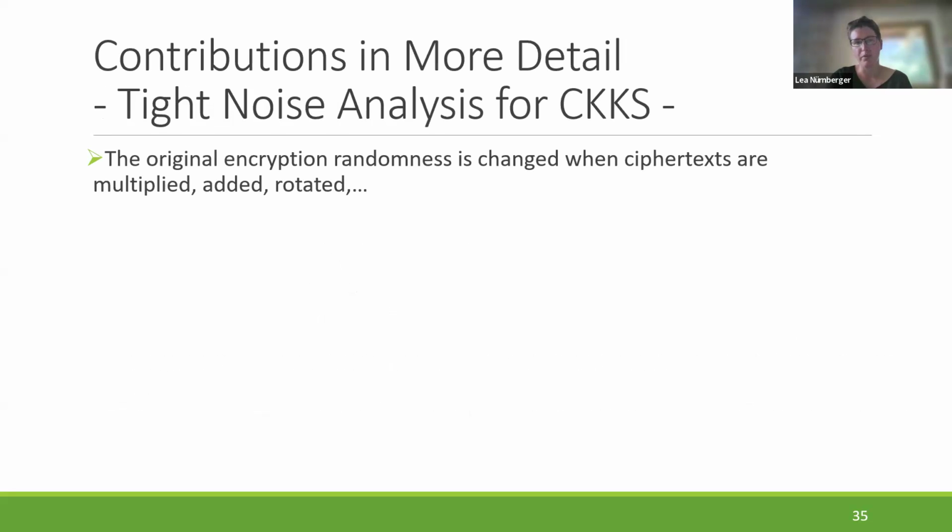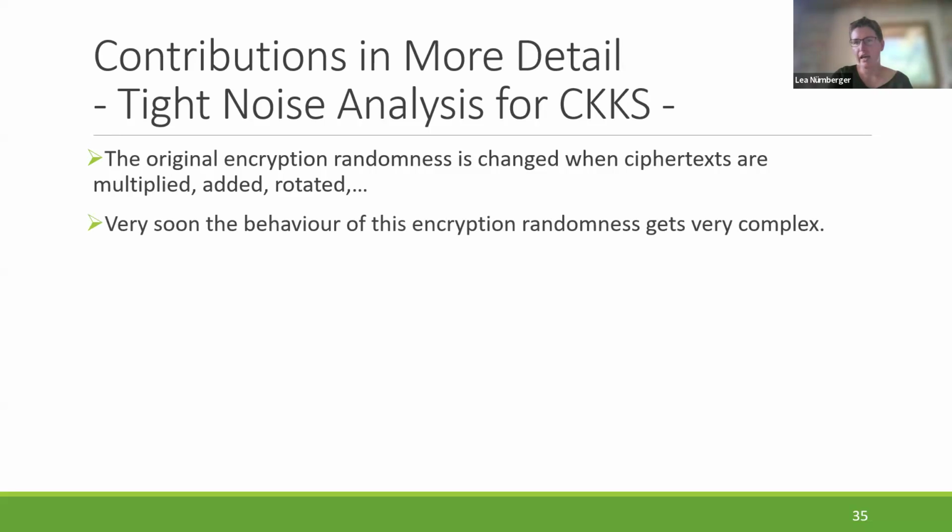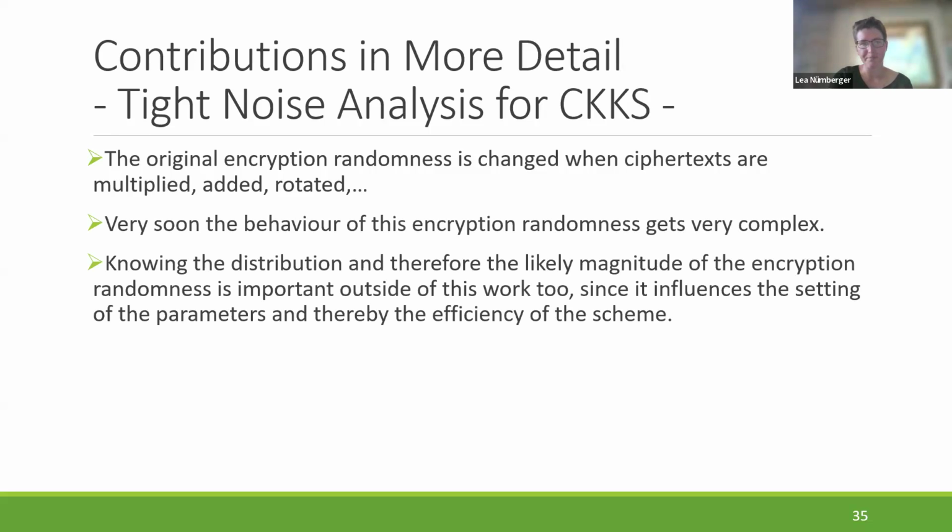Now, what is the problem with tight noise analysis? As I showed in the animation at first, the original encryption randomness is changed when ciphertexts are multiplied, added, or rotated. And if you have large circuits, like for example bootstrapping, where a lot of operations are used on a ciphertext, the behavior of the encryption randomness soon gets very complex, and to track it is not easy.